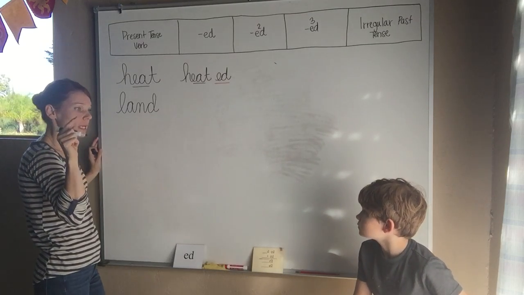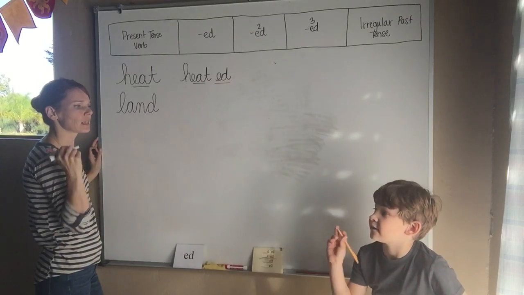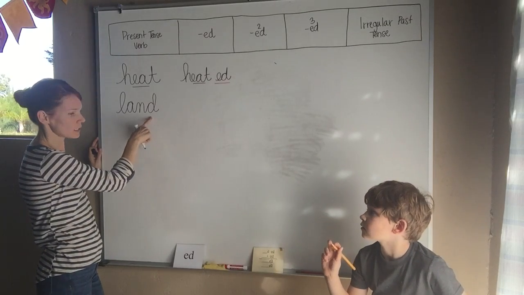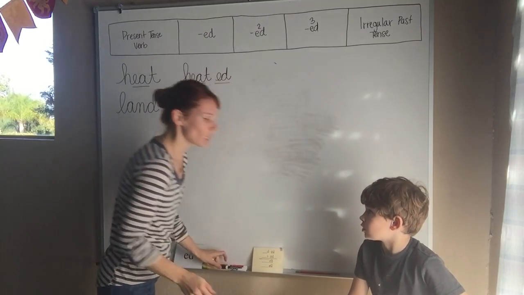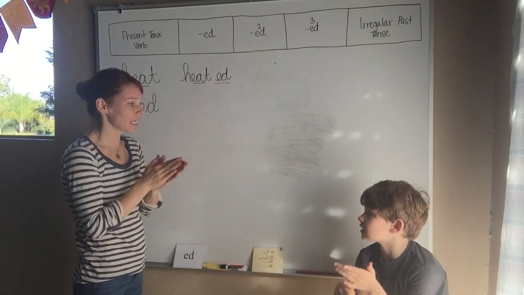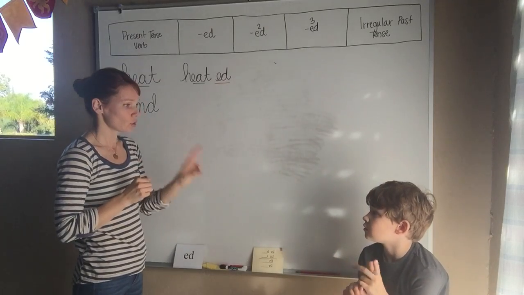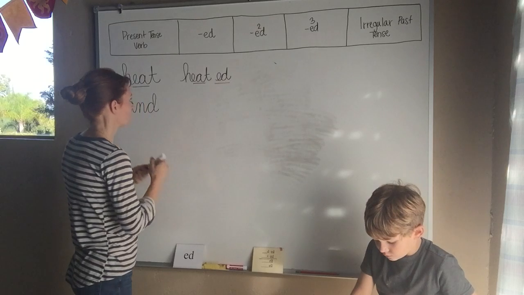All right. Now, the airplane will land today. What did it do yesterday? Landed. So this ends in D. So the ED has to form what? A new syllable. So let's check our syllables. Ready? Land, ed. How many? 2. So we're going to have land, ed. Ready?